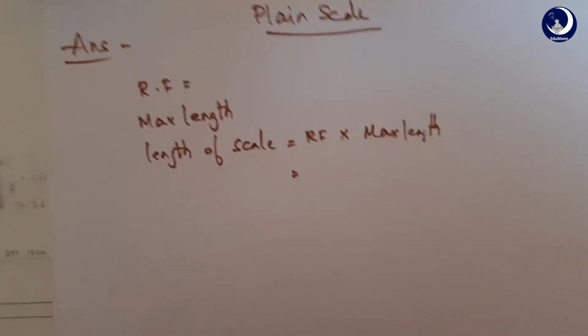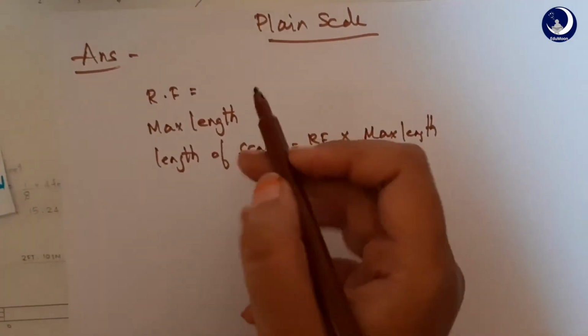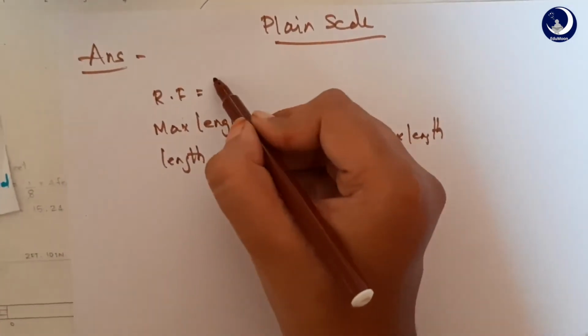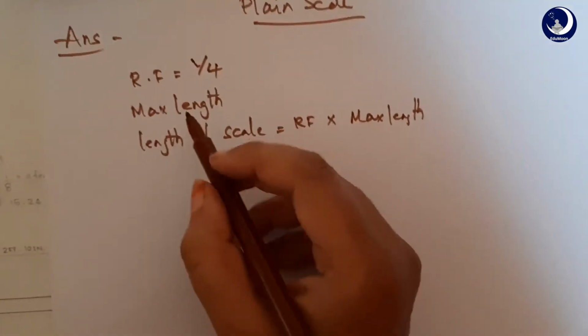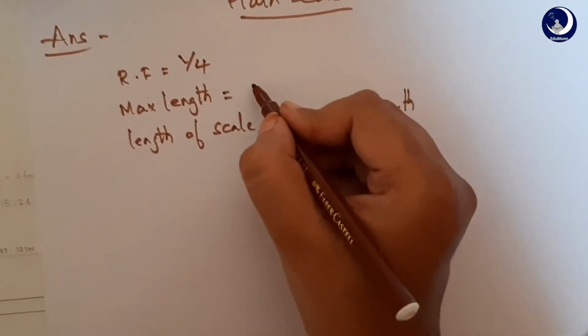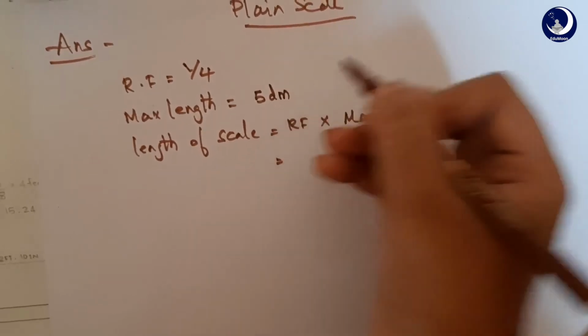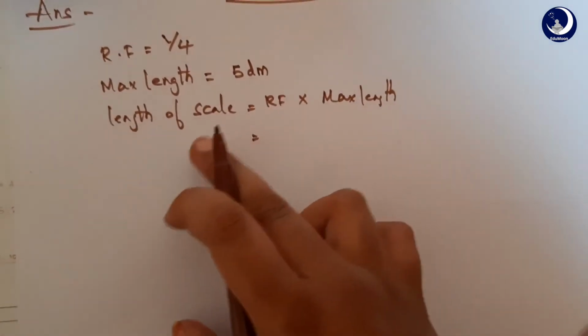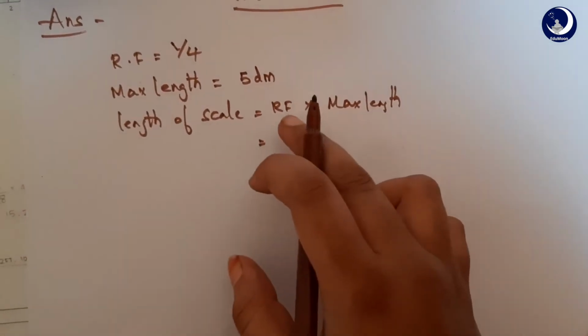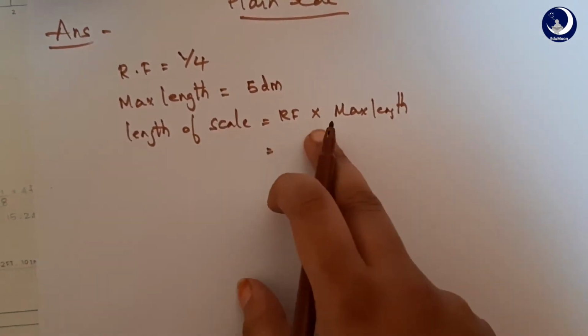While solving this question, we must write these down. That is, RF is given in the question, that is 1/4. Maximum length of the scale also is given in the question, that is 5 decimeters. The length of the scale, so this is what we have to calculate in the answer.